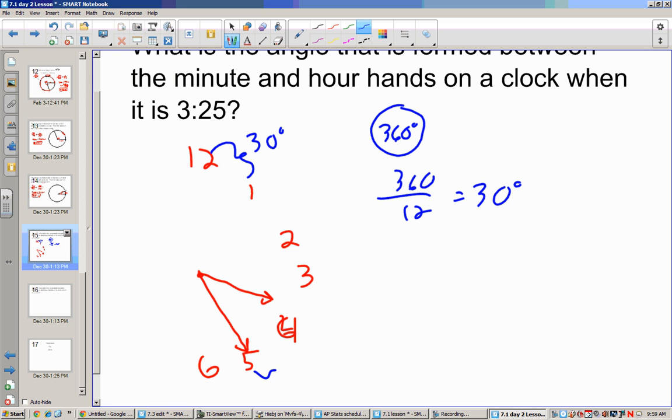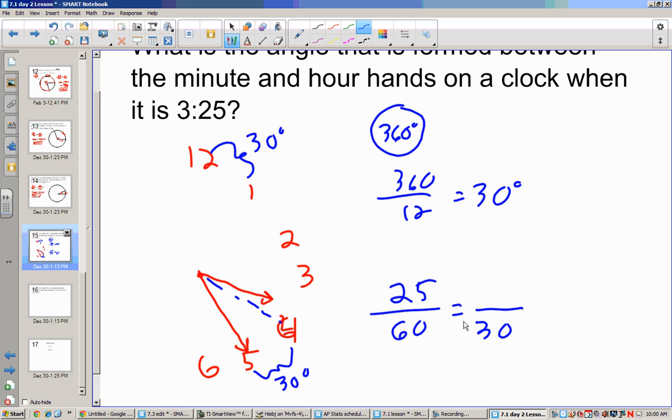So we know this is 30 degrees, but we don't know how many degrees is located here. So what we would like to do is find out how far that hour hand moves by the time 25 minutes have passed. Well, we know that's 25 minutes in an hour, so 25 60ths of the way between here, and there's 30 degrees in this section, so we're 25 60ths of 30 degrees.